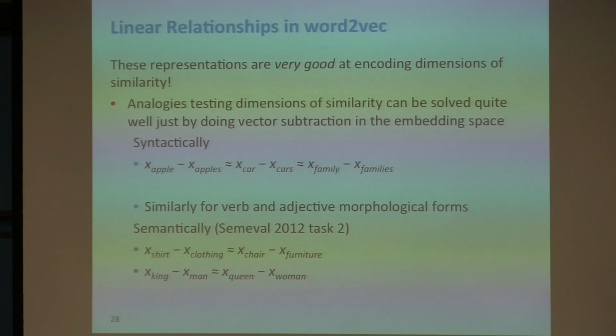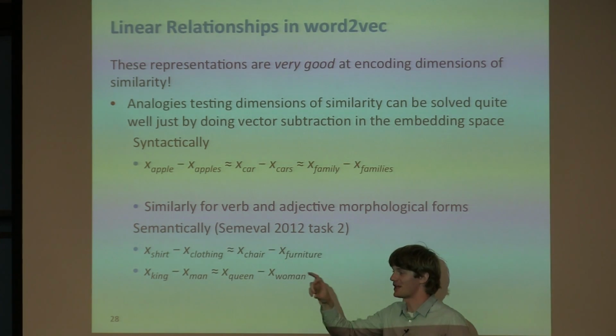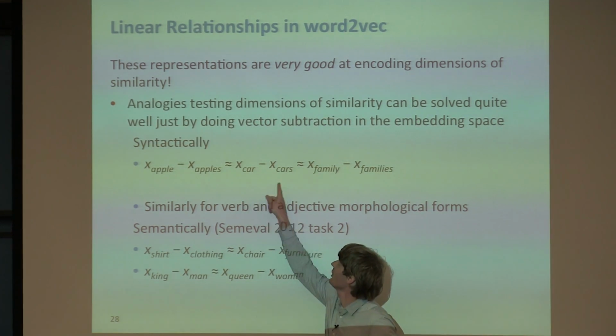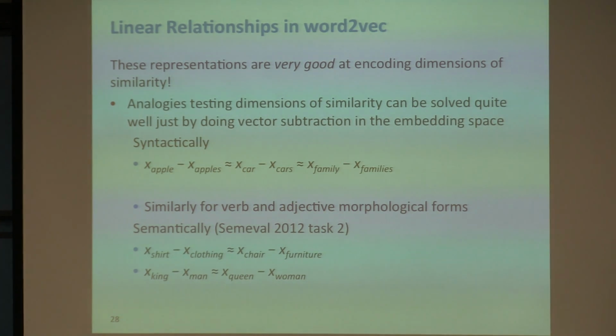So for instance, if you take the vector of apple and you subtract the vector of the plural version, apples, the resulting direction, the resulting vector, is actually very similar to when you take car and you subtract its plural, or family and its plural. So essentially, throughout a combination of these dimensions, you're capturing plurality.